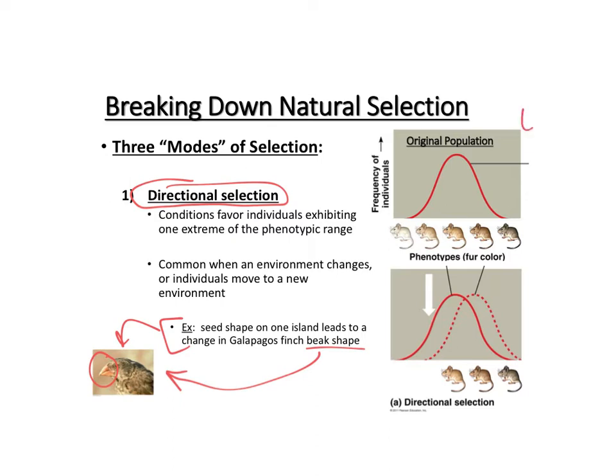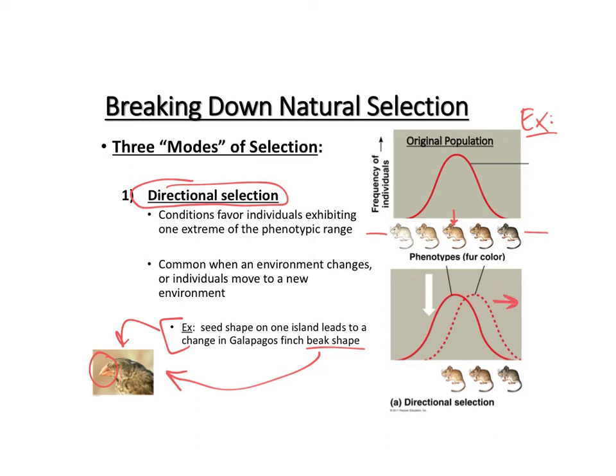Now, the second example is over here in these pictures. Let's say that these different types of field mouse live in a field, and they have a bell curve where, in the original population, it's most common to have an intermediate phenotype. But if the conditions of the field change for some reason, maybe a darkening of the environment, now we can get what's called directional selection.